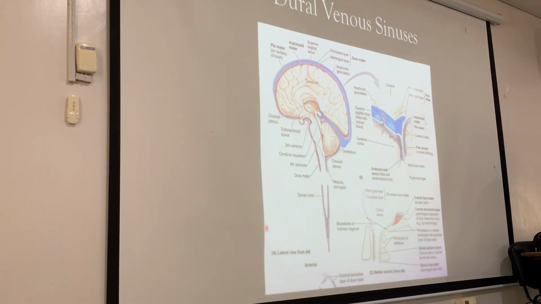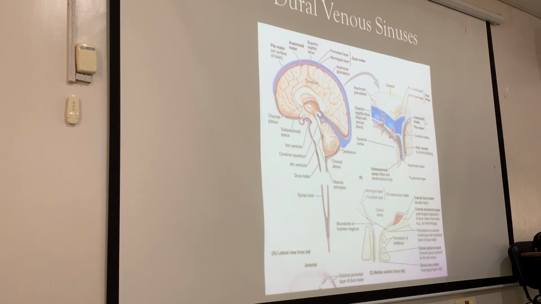Okay, so this is a close-up again of the dura mater. So this is the periosteal layer, which is very close to the bone, and the meningeal layer creates a space, and the space becomes the venous sinus.